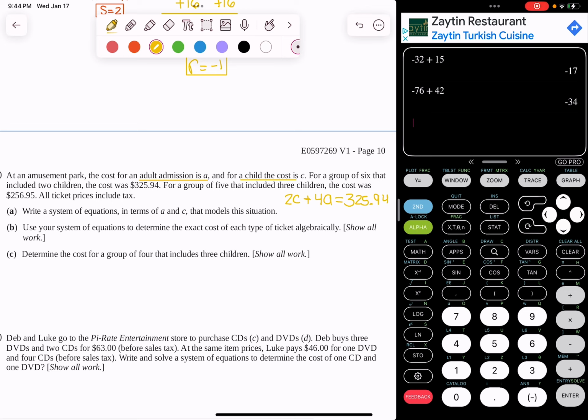Then it says, for a group of 5 that includes 3 children, if there's 5 people total with 3 children, that means there has to be 2 adults, and that cost was $256.95.